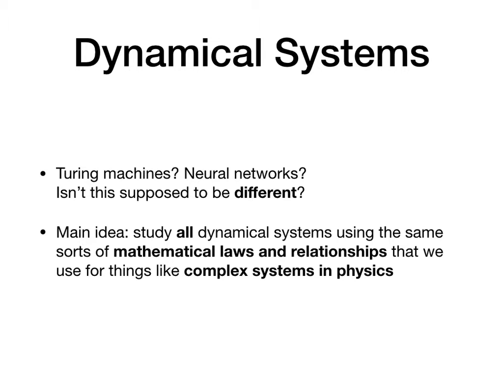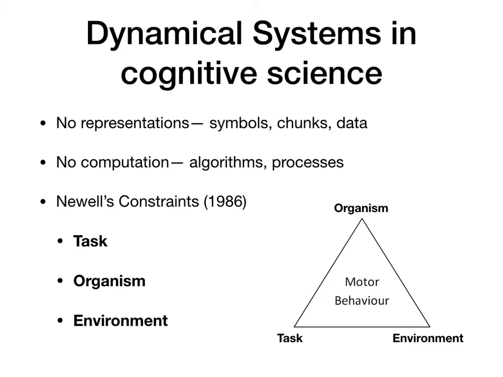But the idea is that you're trying to find the mathematical folds of where all of the local minima and local maxima are, which help us make sense of how systems tend to fall into place. So in cognitive science, dynamical systems typically focus on this sort of structure.